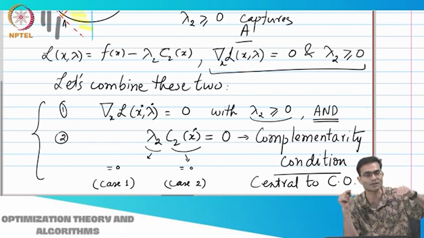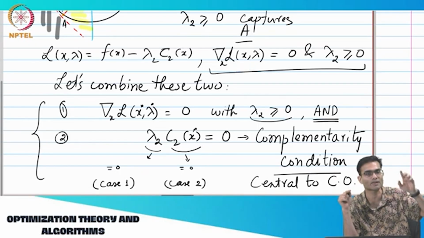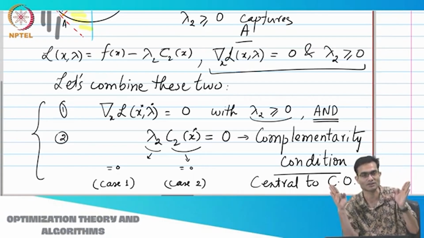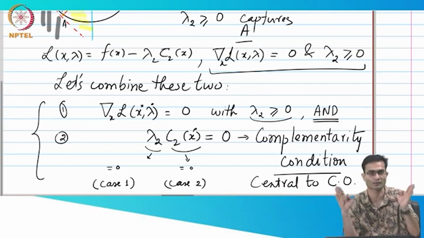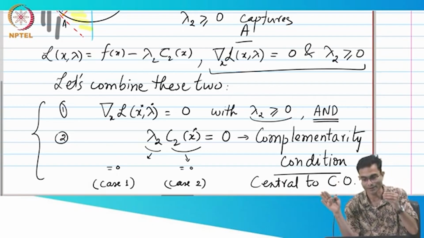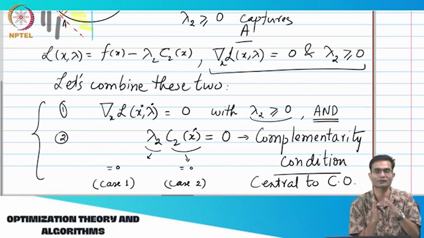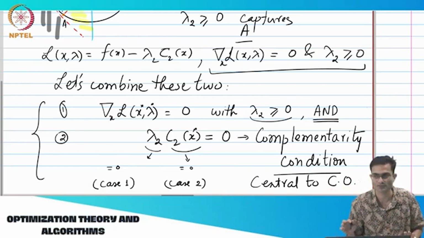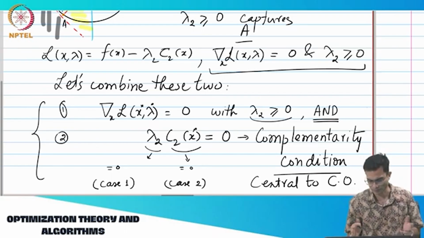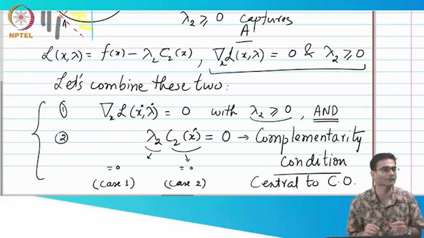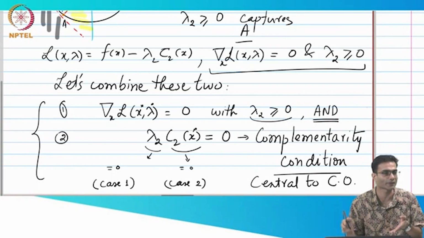That is why the lambda 2 greater than equal to 0 is included in the first statement. Because the first statement is saying grad L equal to 0, that means the gradient of the function and the gradient of the constraint are parallel or anti-parallel, both are possible. So I additionally specify lambda 2 greater than equal to 0 to make it such that they are parallel and not anti-parallel. So this very simple analysis with a single inequality constraint has given us this complementarity condition.